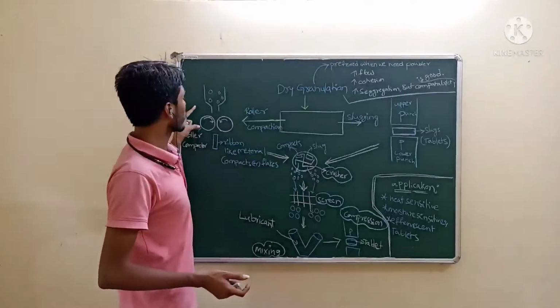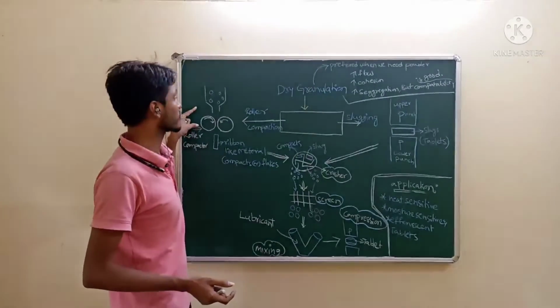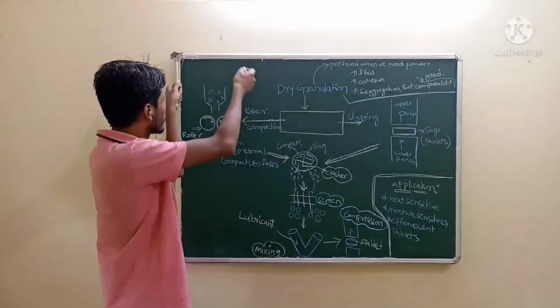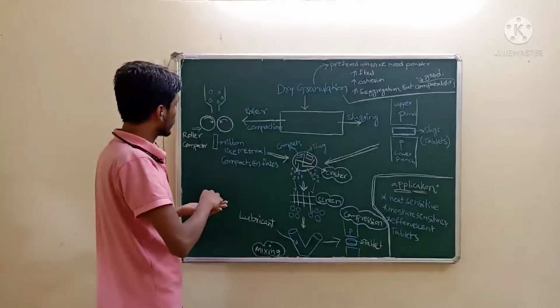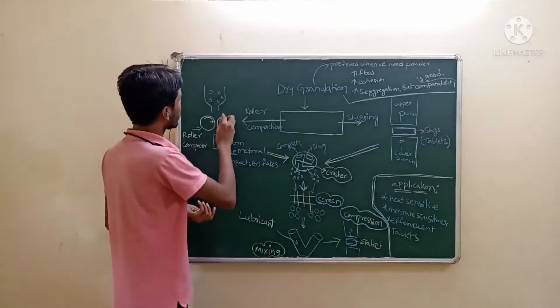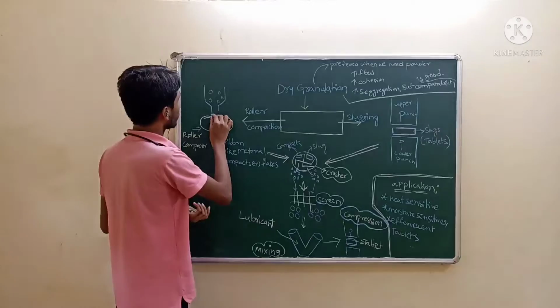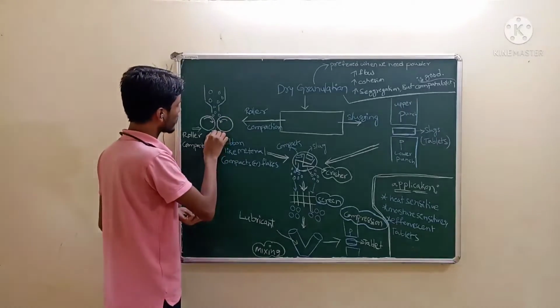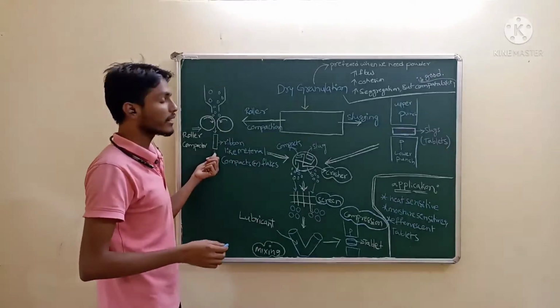Next, under roller compaction, this is the hopper. This hopper contains granules. When we pour the granules, they fall onto these rollers, and this leads to the formation of ribbon-like material.